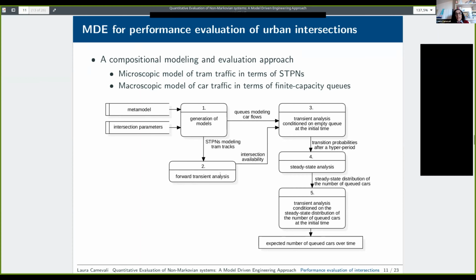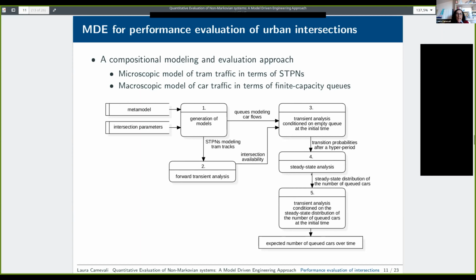The models of tram tracks can be analyzed, and they provide the intersection availability, that is, the probability that the intersection is available for car flows over time. Then we can perform transient analysis of the queue behavior, considering that the intersection is not always available. Based on this, as I was saying before, we can also perform steady state analysis of the queue behavior to derive the steady state distribution of the number of queued cars.